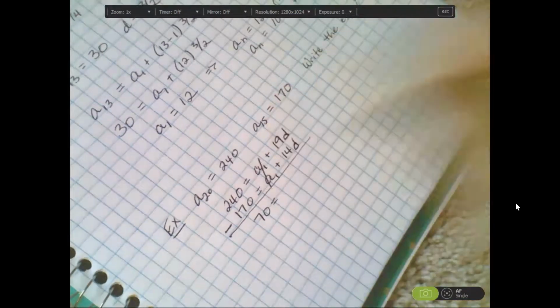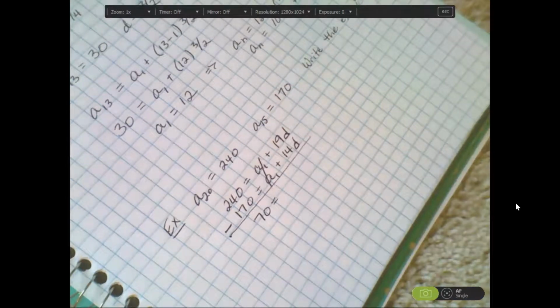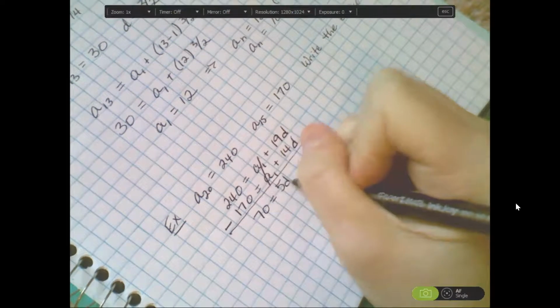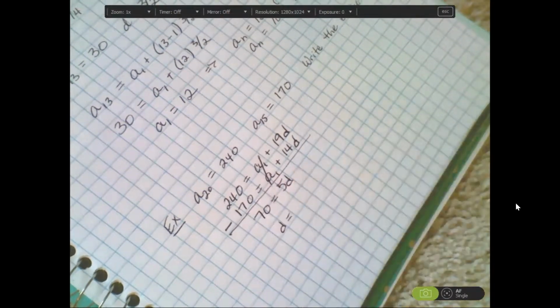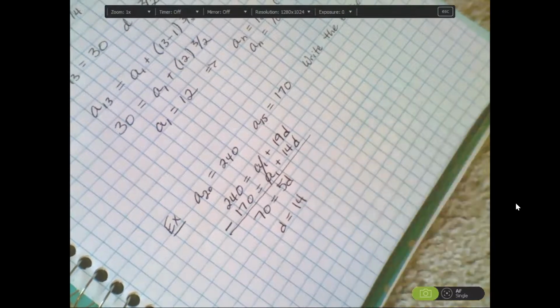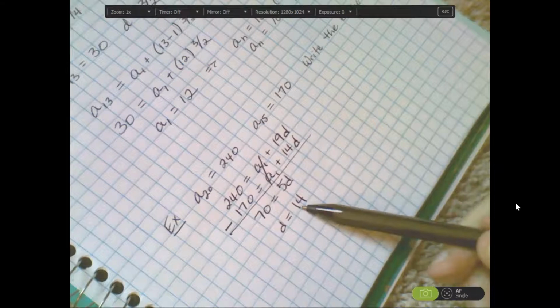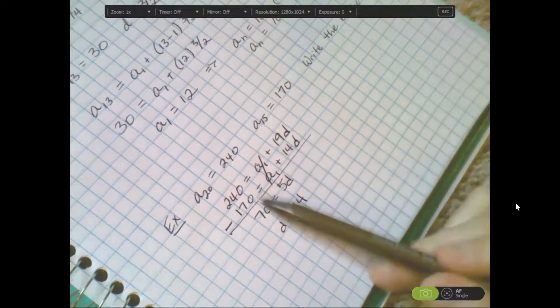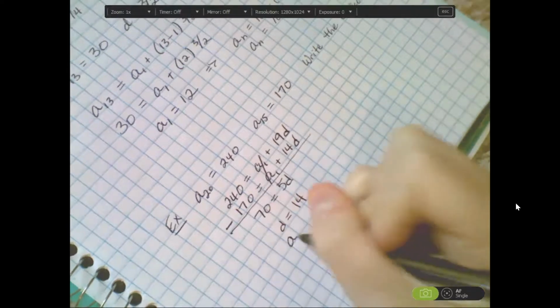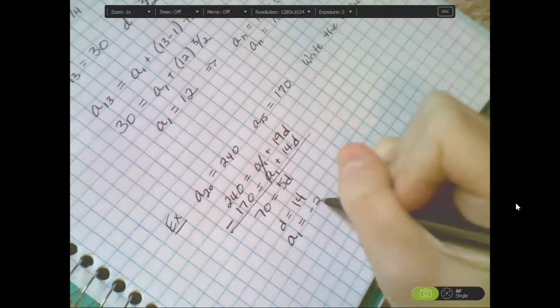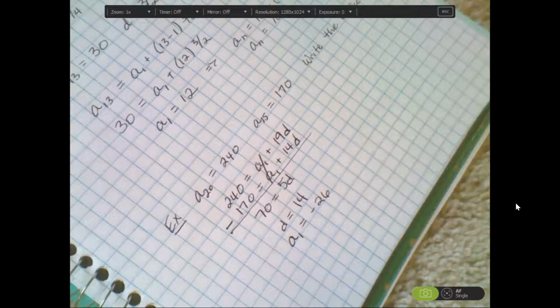A1 minus A1 cancels. 19D minus 14D is 5D. And then if we divide, we're going to figure out that our common difference is 14. And then you can take that and plug it back into either of these up here to figure out your first term. If you do that, the first term turns out to be negative 26.